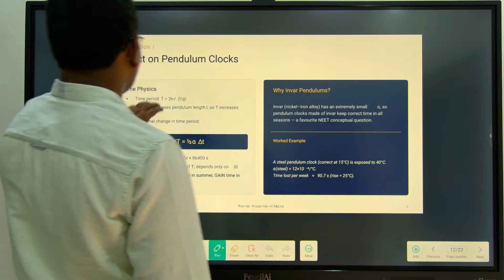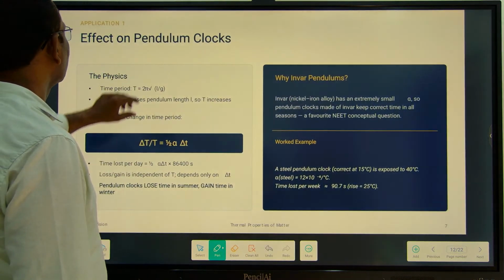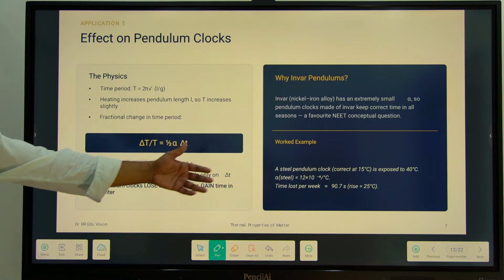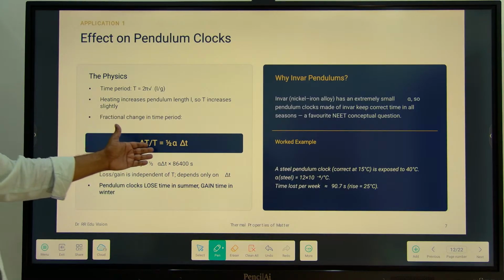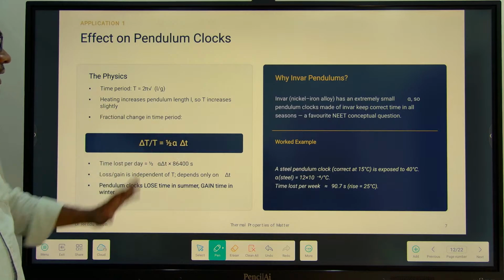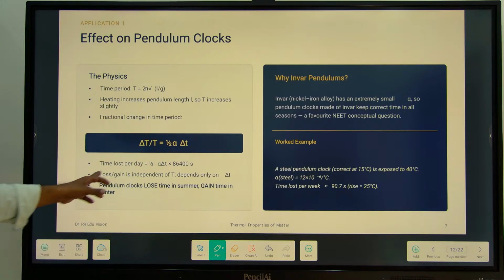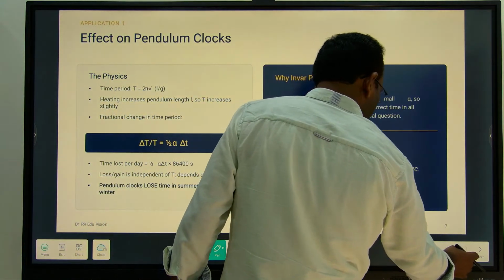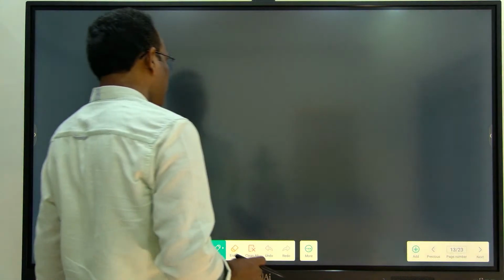Yes, see, this is the exact given reason. Effect on pendulum clocks: the derivation is completed. Delta t by t equal to half into alpha into delta theta. So, time lost per day. In case they ask time lost per day, how can we calculate?